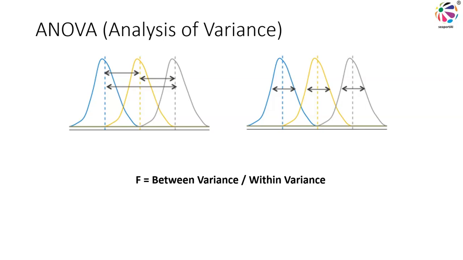Let's understand Anova. Anova stands for analysis of variance. But what we are actually trying to assess is we are trying to compare the means. We are going to compare and contrast the means of different groups. For example, let's take a student example.